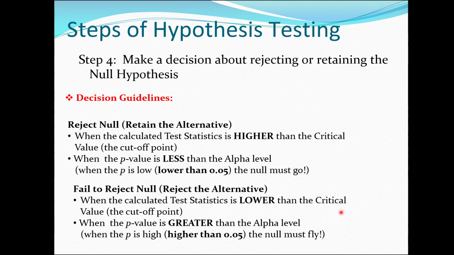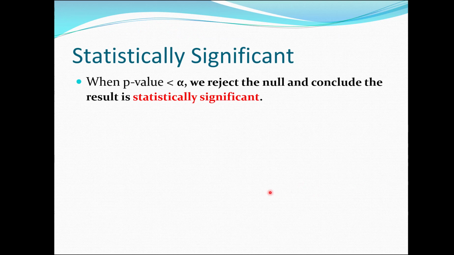Okay, so this is your decision about either rejecting the null hypothesis or failing to reject the null hypothesis. This is my last slide on the topic of inferential statistics and hypothesis testing.